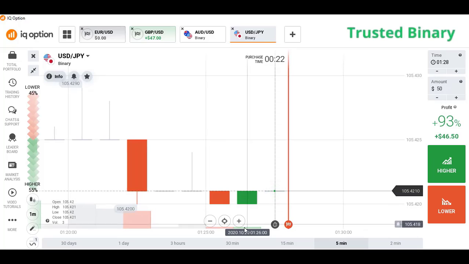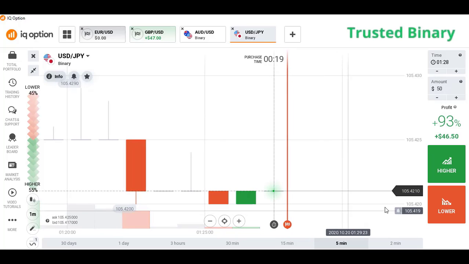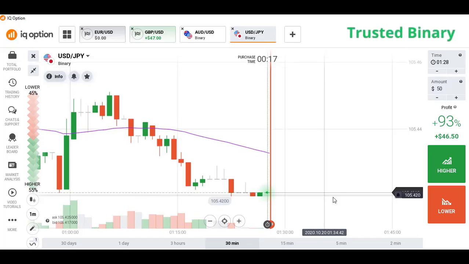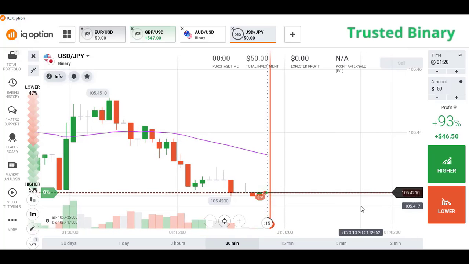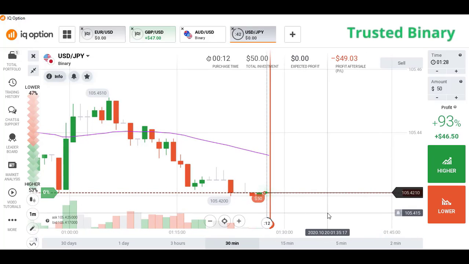Same size candle, same size volume. I place my trade in the lower direction, so let's see what will happen here.